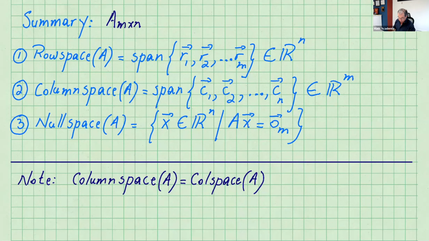And the null space of A is the x's in Rn that are the solution of the homogeneous system, and I will show you with some examples. One little notation here: the column space, I do call it the col space because it's just easier and shorter, and you can do that too.